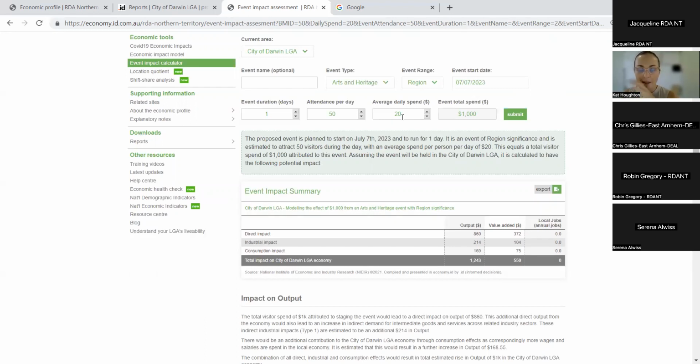So there's ways in which we can use this model to really look at visitation as well, not just the impact of one event.